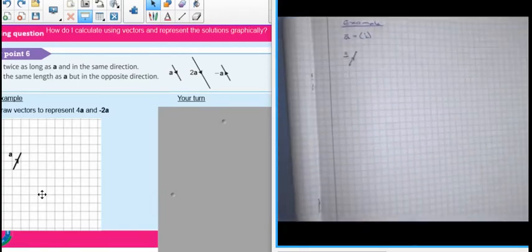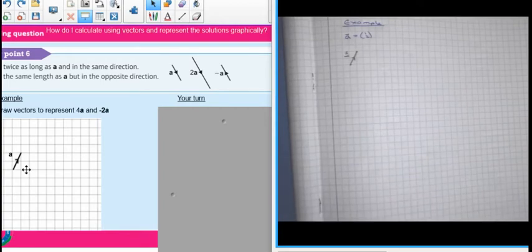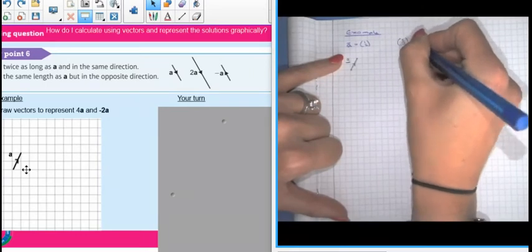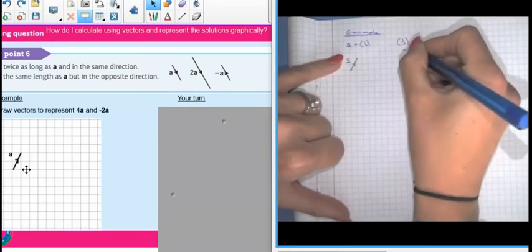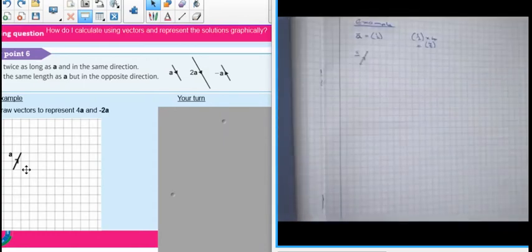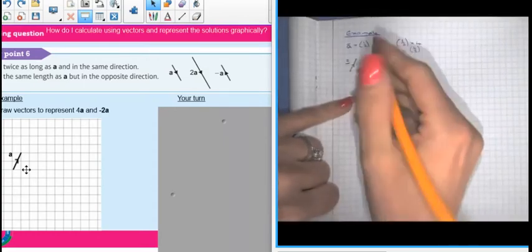And I want to draw the vector 4A. If we look back to our key point, 2A is twice as long as A in the same direction. So 4A is going to be 4 times as long as A and in the same direction, the direction represented by this arrow here. An easier way to do this is to look at my vector (1, 2) and multiply it by 4, which gives me (4, 8).